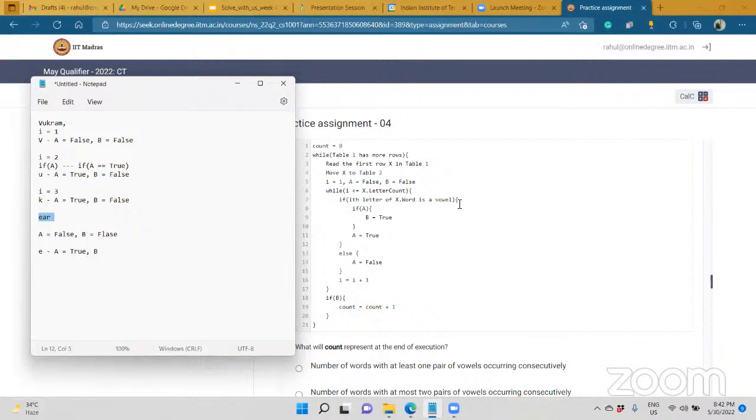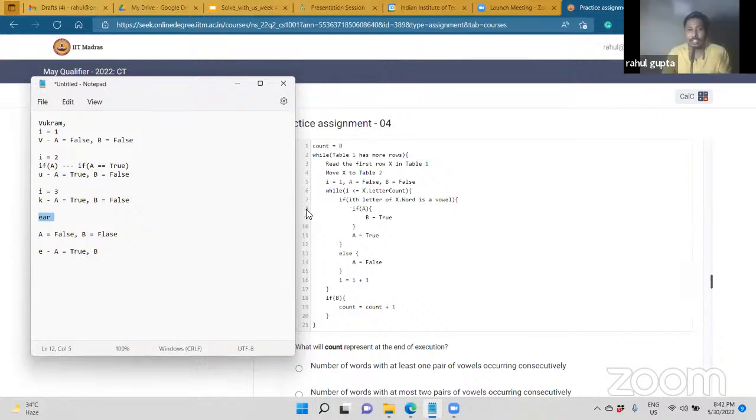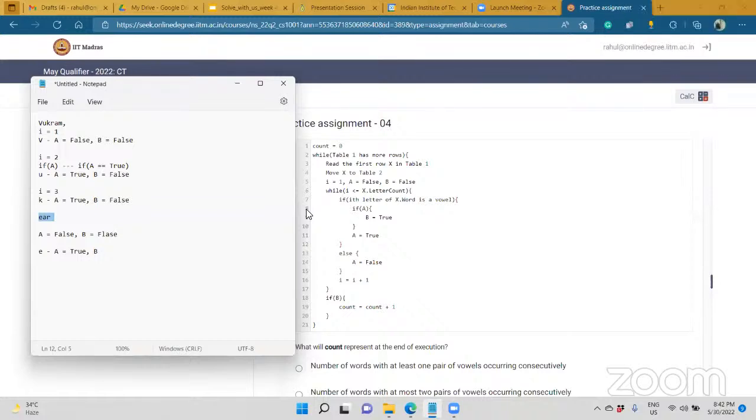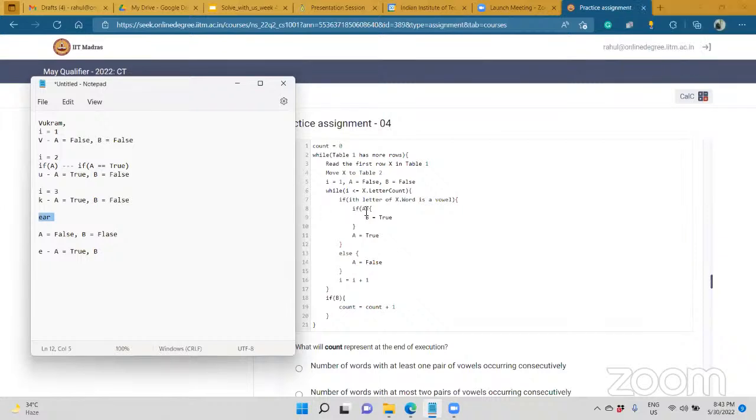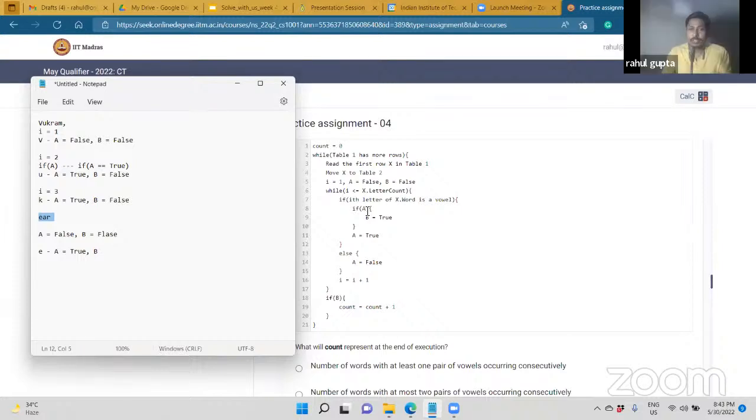Vowel. You will enter into the if block. Will you execute line 8 or not? I will. Now, the value of A: is it true or not?